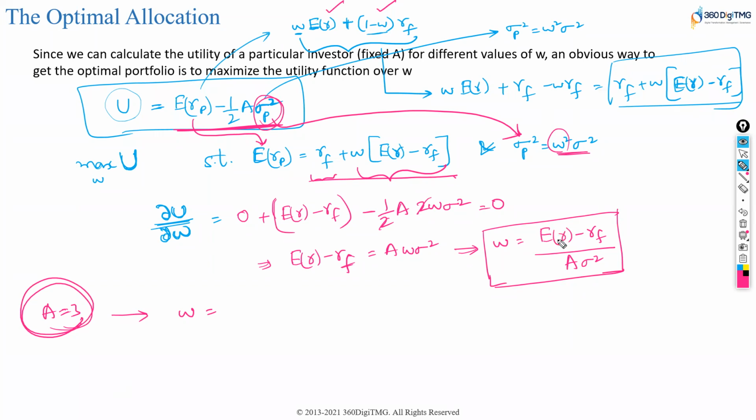expected return of a risky asset is 22% minus. Risk-free would give you a return of 5%. A is given as 3 into the risk on risky asset was 34.29%, which is written as 0.3429. And square it.